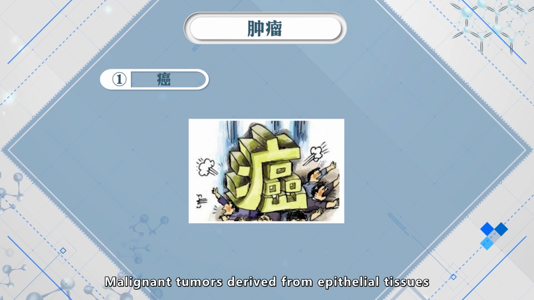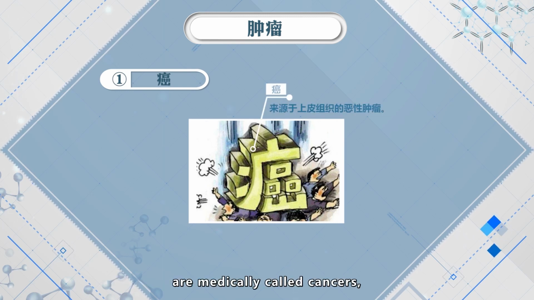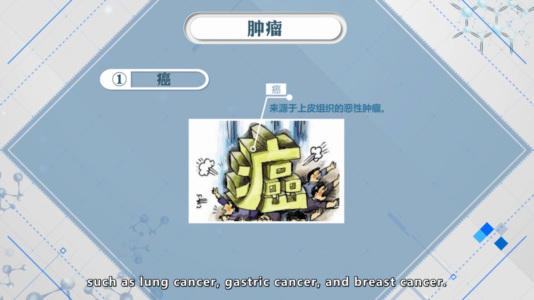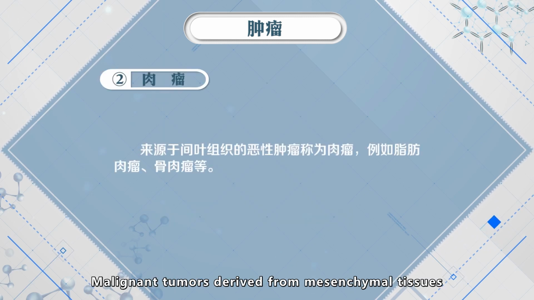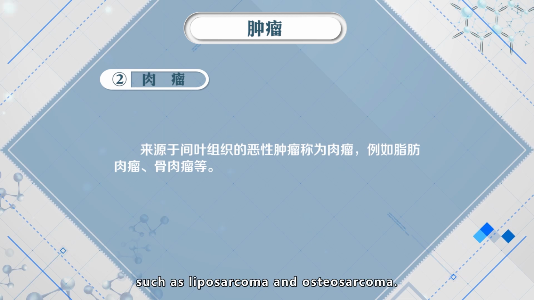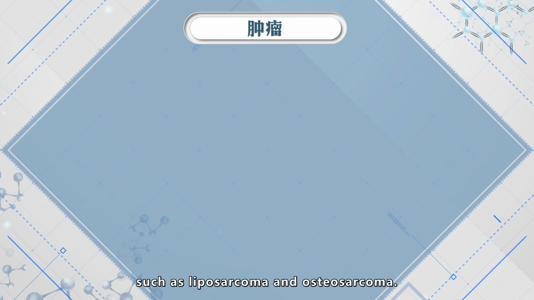Malignant tumors derived from epithelial tissue are medically called cancers, such as lung cancer, gastric cancer, and breast cancer. Malignant tumors derived from mesenchymal tissue are called sarcomas, such as liposarcoma and osteosarcoma.